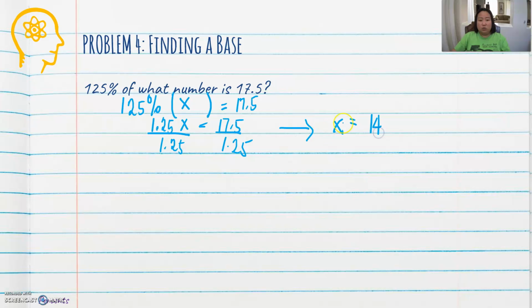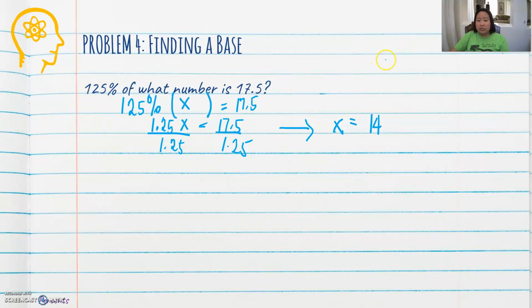Okay? Now, why is the number smaller than the part? Why is the base smaller than the part? As you can see here, the percent is higher than 100%. So if this is the base, the original number, the part of it is more than 100%. So you can expect that the part is bigger than 14, and so that is 17.5, okay?